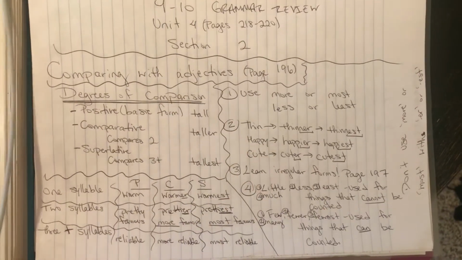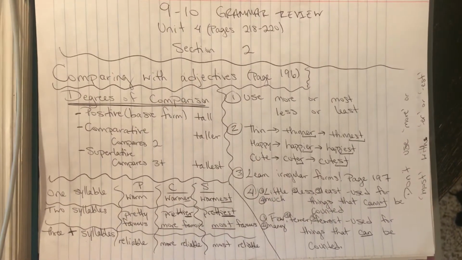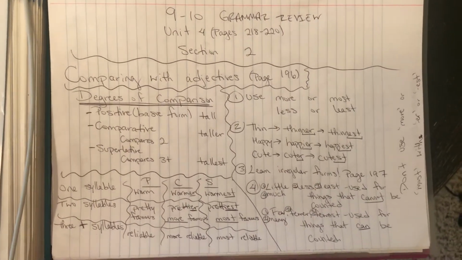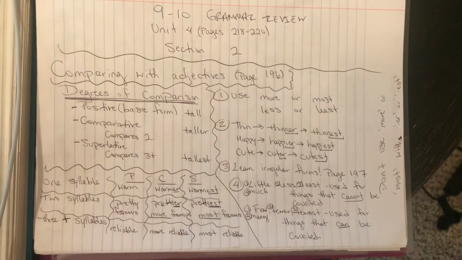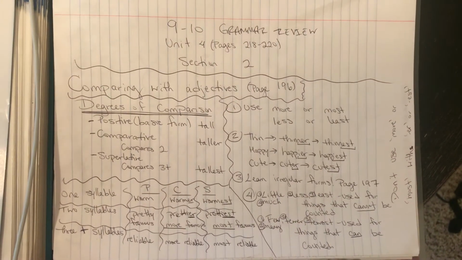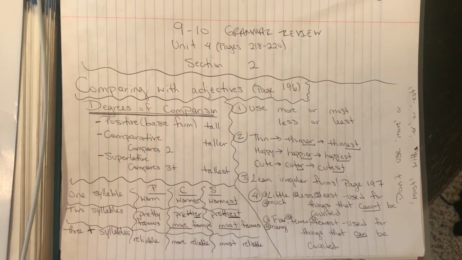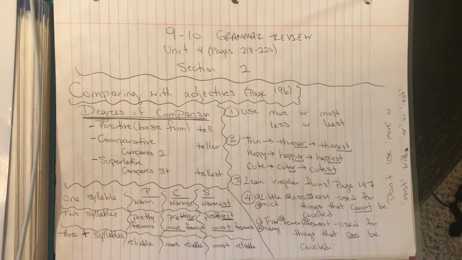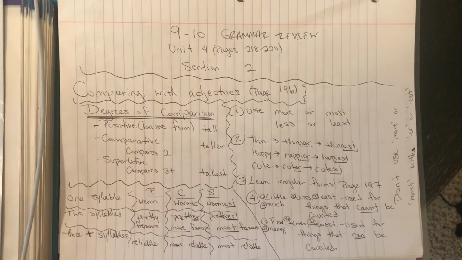And the instructions say write each sentence using the correct positive, comparative, or superlative form of the adverb that is in parentheses. So 31, computers can solve many complicated problems blank than people can. And the word in parentheses is rapidly.